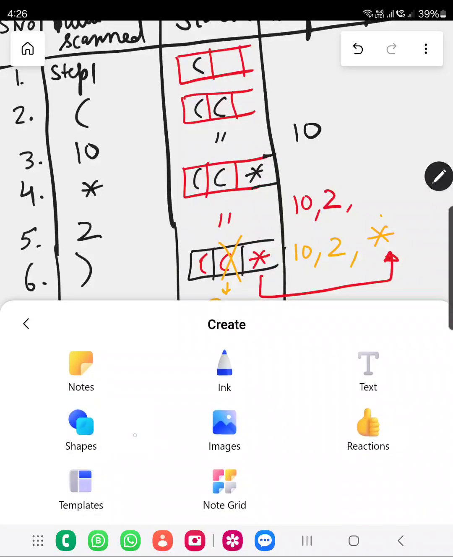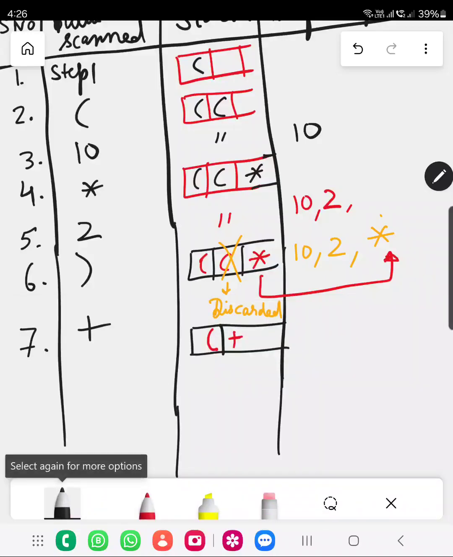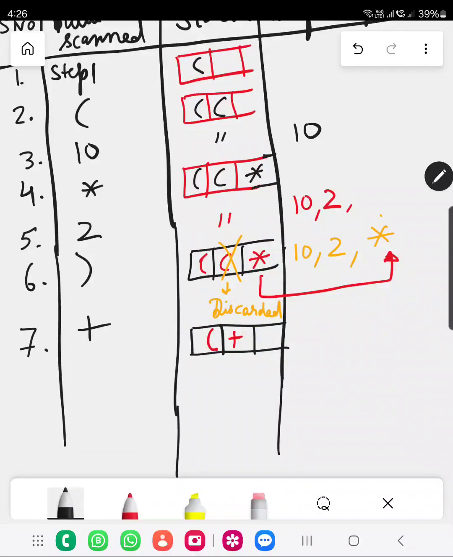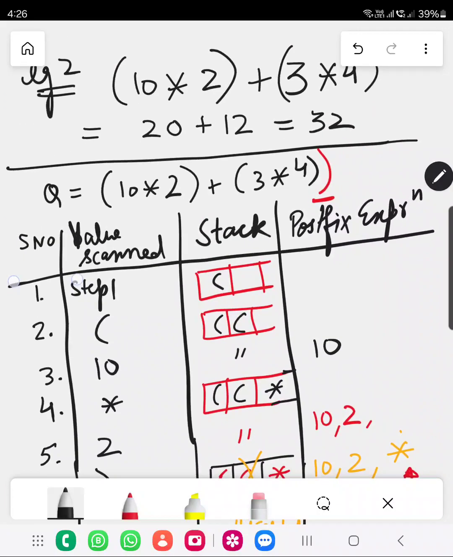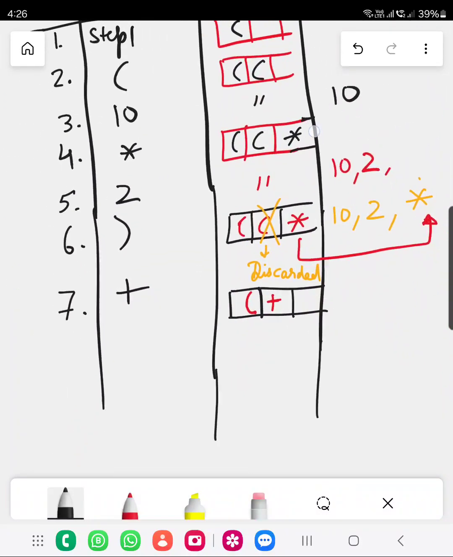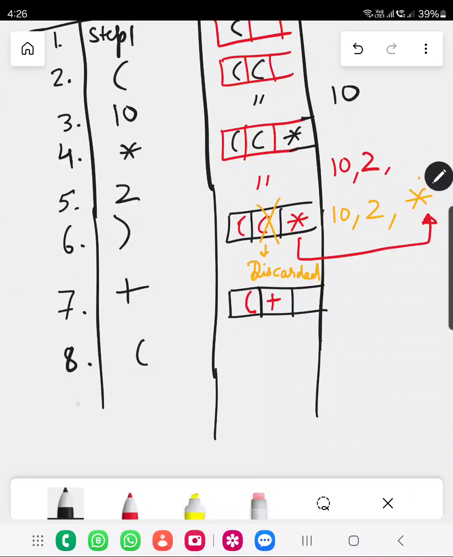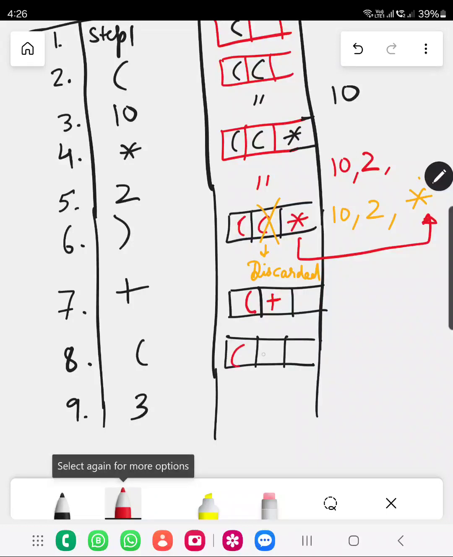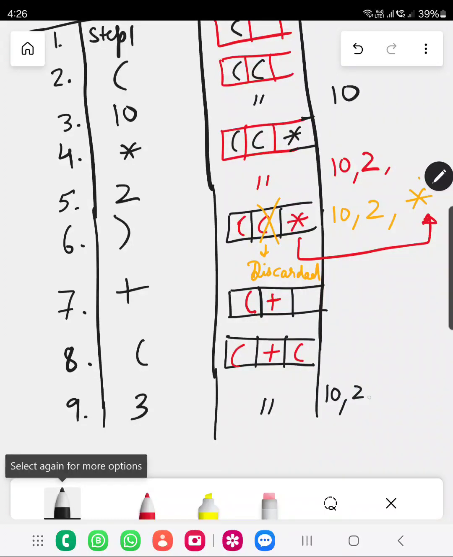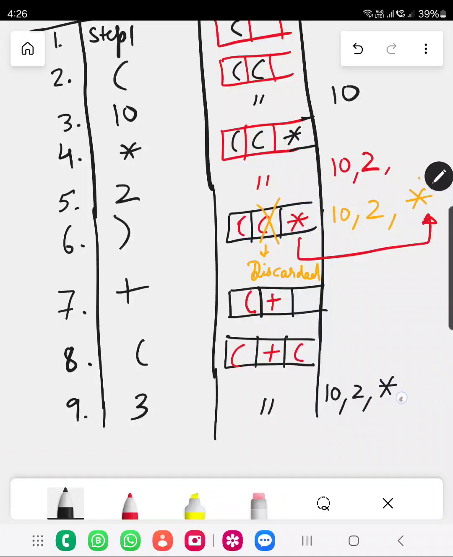And now we have another parenthesis and then we have 3. So for parenthesis we will have 1 2 3. We will have left parenthesis, plus, again left parenthesis, and for 3 the stack will remain as it is, and we'll be having 10 2 multiply.